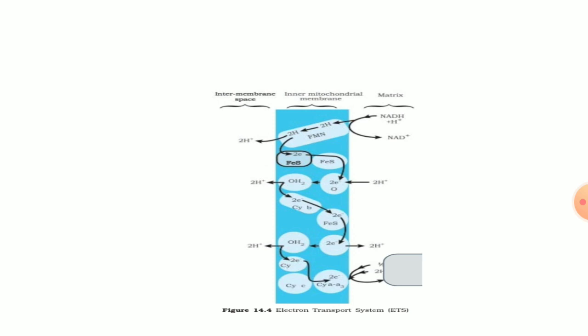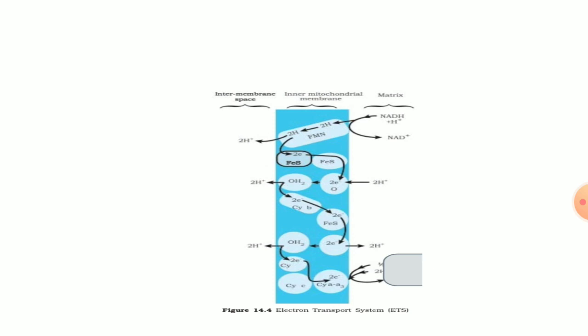So electrons from NADH produced in the mitochondrial matrix during the citric acid cycle, that means the TCA cycle or Krebs cycle, are oxidized by an NADH dehydrogenase.